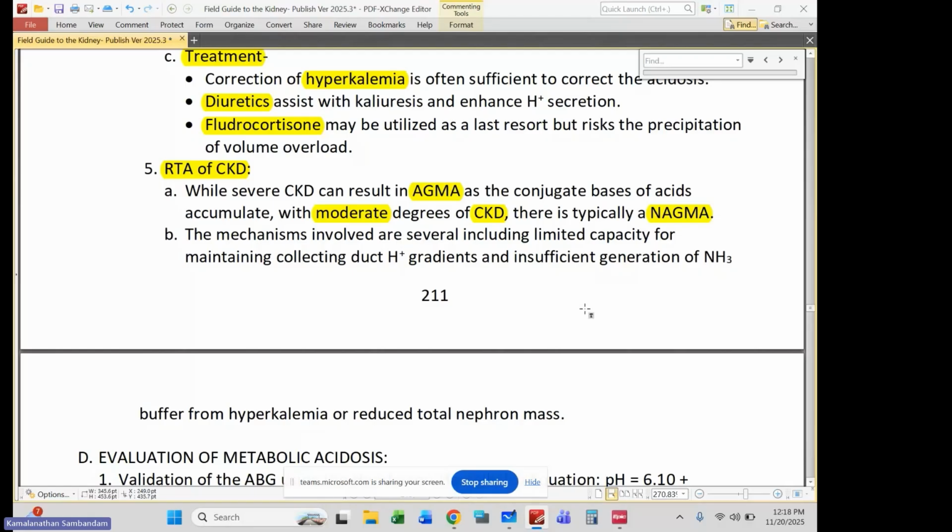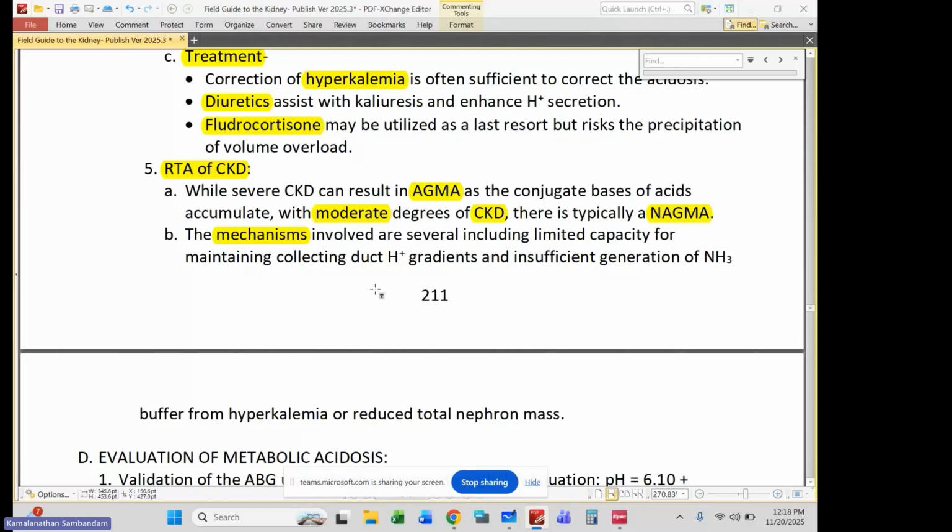Okay, so there's a number of mechanisms at play in the RTA of CKD, making measurement of urine anion gap fairly useless in interrogating this form of RTA. Remember, your urine anion gap is an indirect measure of ammonium excretion. There's a lot of flaws with that test.